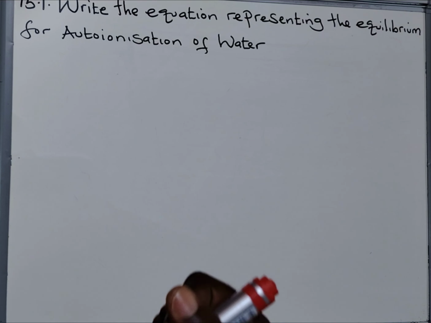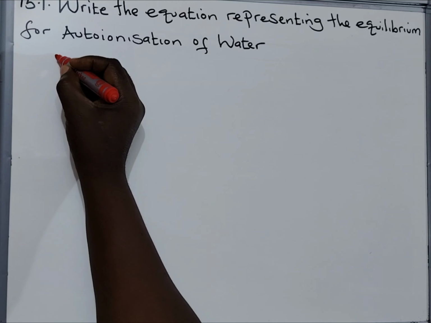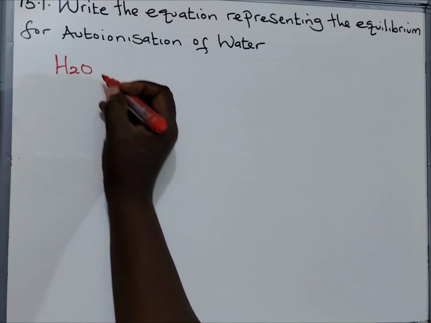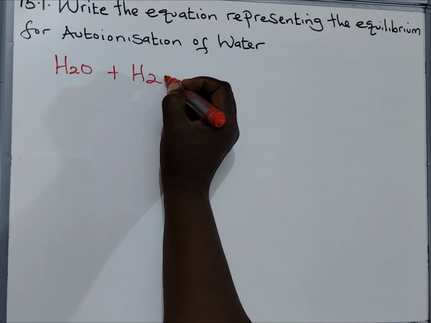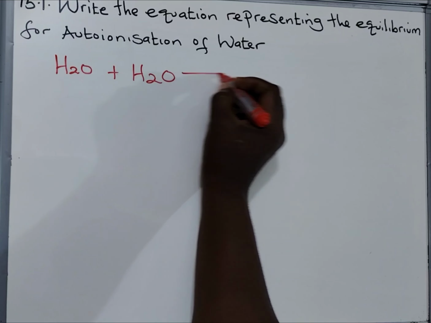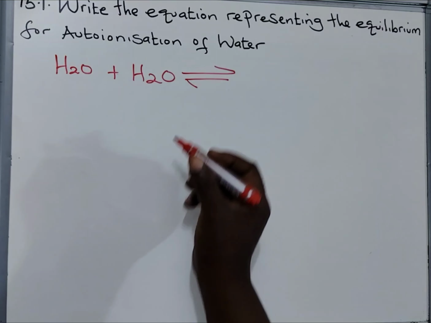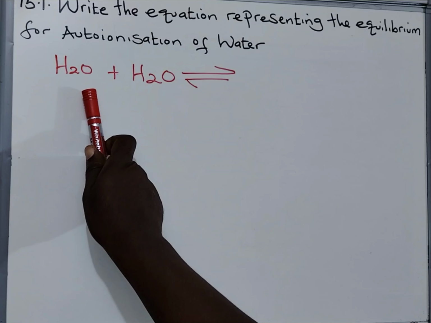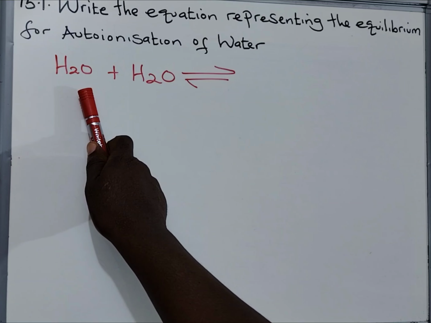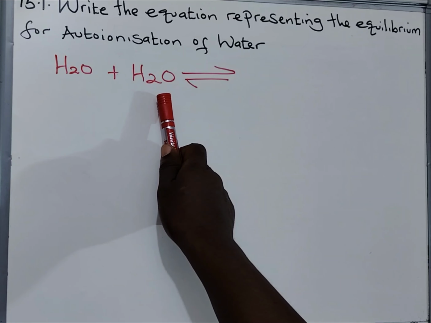The autoionization of water involves a water molecule reacting with another water molecule. In this case, one of the water molecules acts as a base, donating a proton to the other.